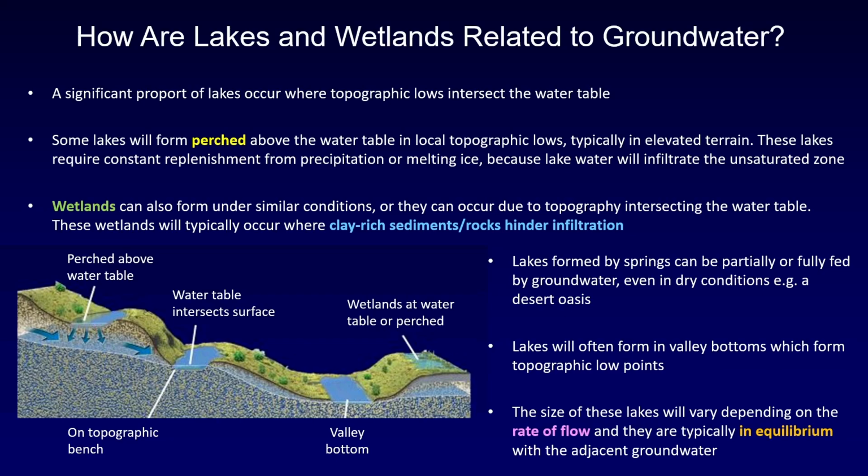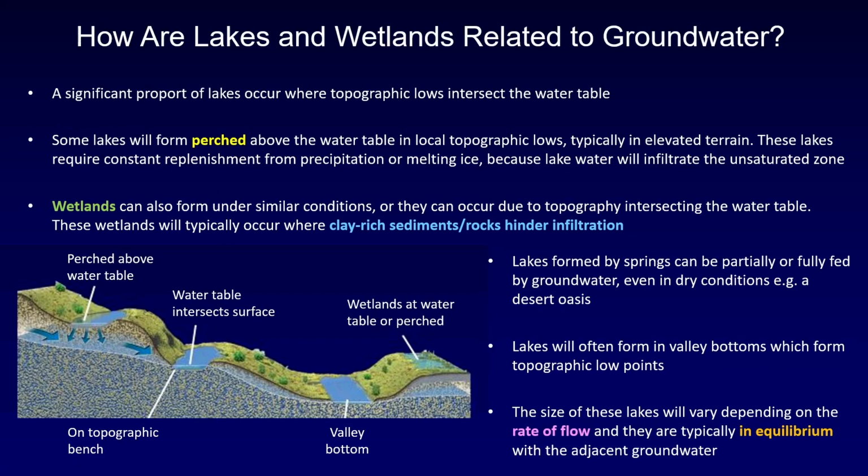So the classic example of this is a desert oasis, where you have an aquifer which intersects the surface, forming a small lake in the middle of your desert. And of course, in terms of surface water, there's no surface water feeding the lake because you're in the middle of a desert. So the water therefore must be coming from groundwater.